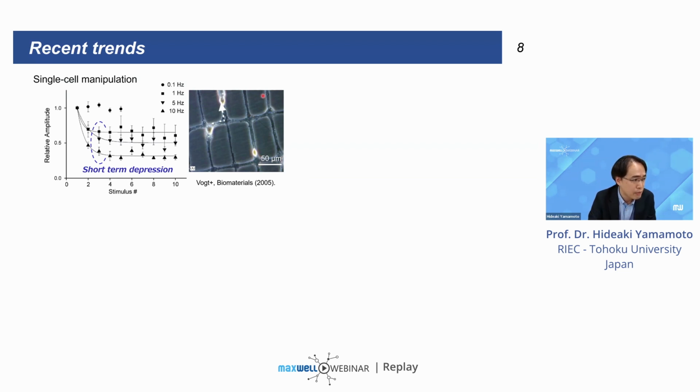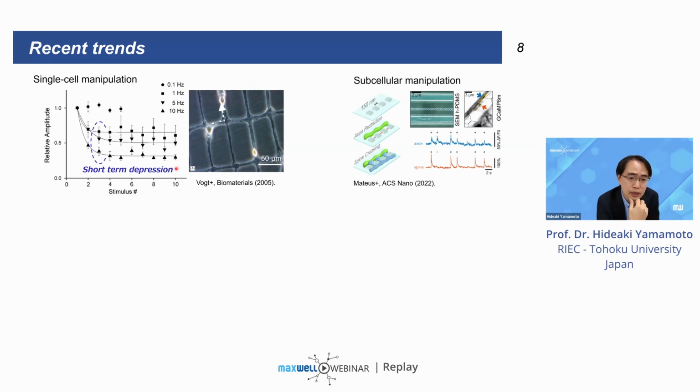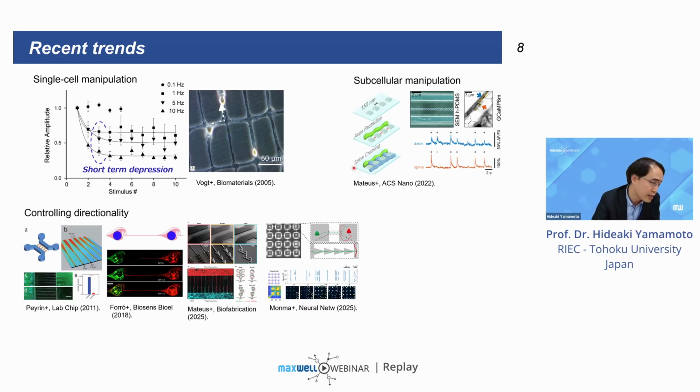And here in the same paper, synaptic plasticity, which is the basic form of learning in neural networks, has been shown in these engineered neural networks for the first time. And more recently, there's also been a demonstration of a nanoscale patterning of subcellular structures like dendritic spines, and controlling the directionality of neuronal connection is a topic that has attracted engineers for quite some time.